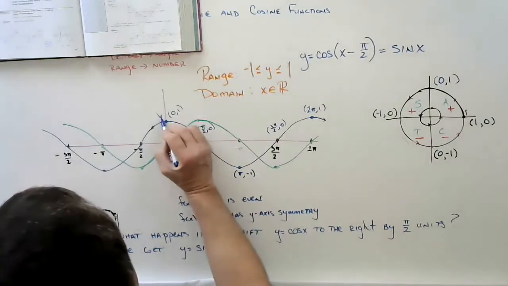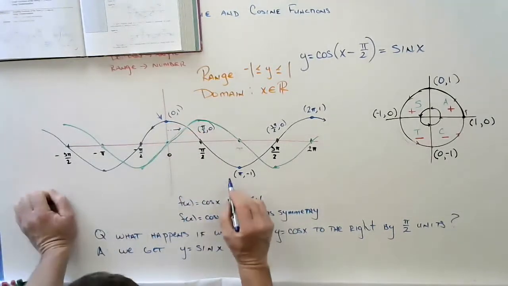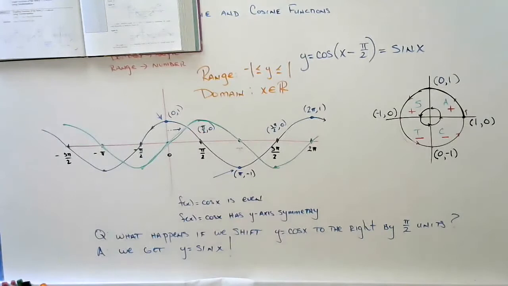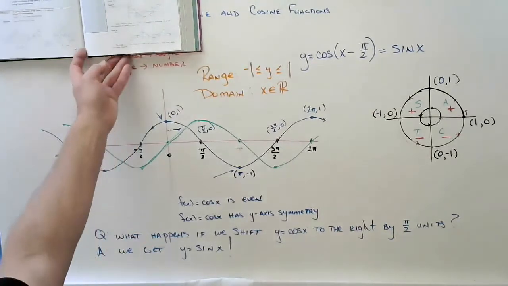This is an absolute max and a local max. That's an absolute min and a local min. And they repeat themselves over and over. So that's our foundational look at the graph of sine and cosine.